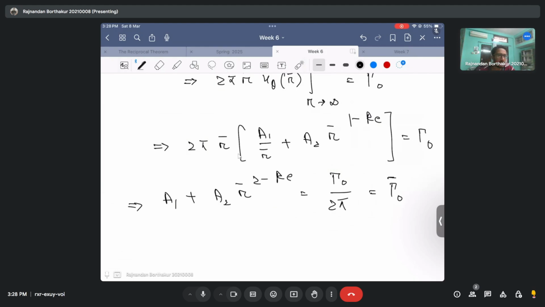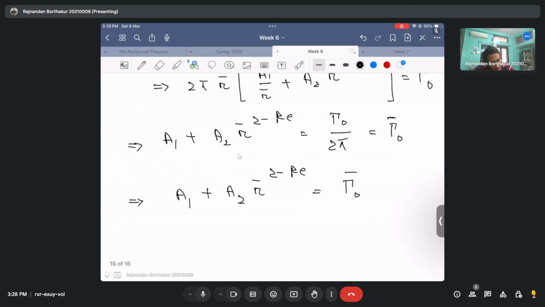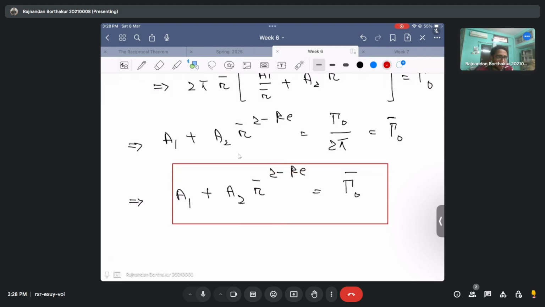From the fact that I have considered the circulation to be finite far away from the cylinder, the transformed boundary condition now happens to be a1 plus a2 r bar to the power 2 minus Re equal to some gamma naught bar. That's how the transformed boundary condition for u theta appears if I use finite circulation at the far field as a boundary condition.